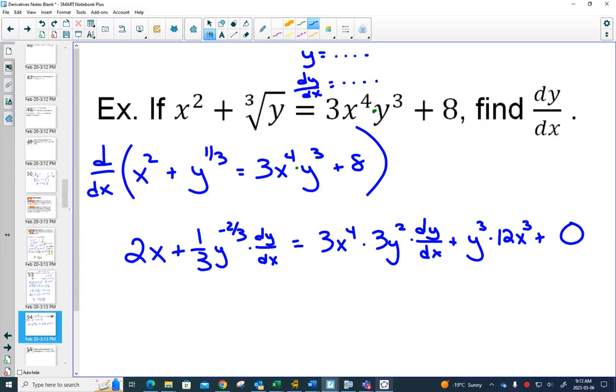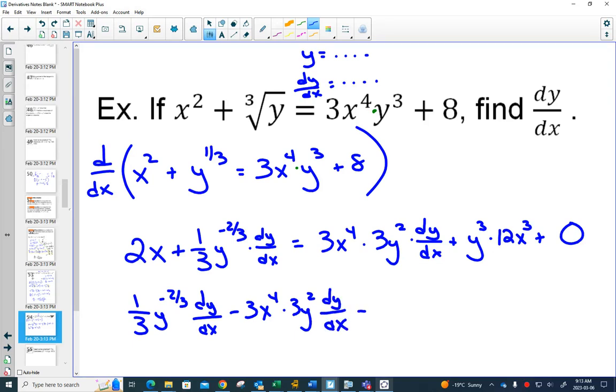We take all of our terms with dy dx's. I'm going to move the 3x^4 times 3y squared dy dx over to the left-hand side. And all of my terms without, so that includes the y cubed times 12x cubed minus a 2x to the other side.